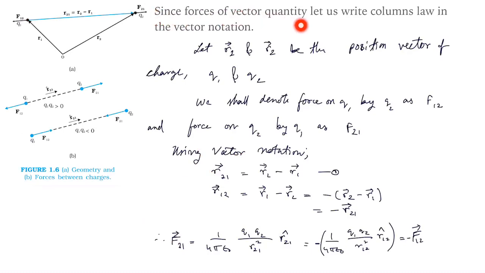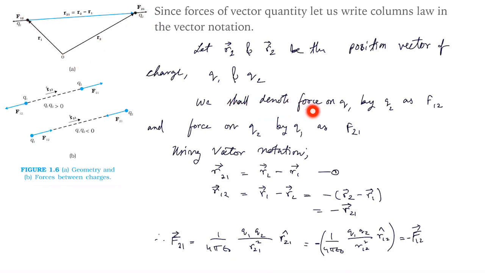Now since force is a vector quantity, we can write Coulomb's law in vector notation. For that, let's see the figure. Here is a charge Q1 and there is another point charge Q2. If we have an origin O, from that origin the position of point charge Q1 is R1 and the position of point charge Q2 is R2.